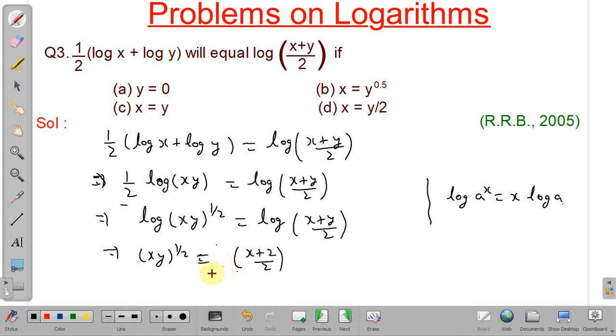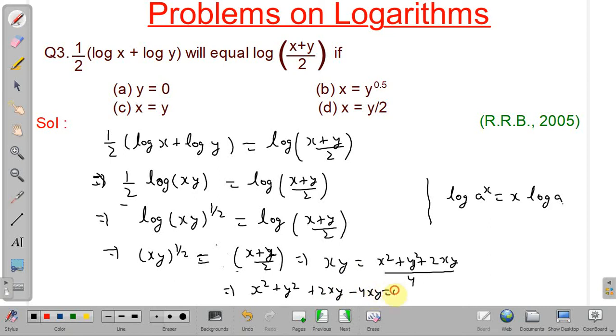Now squaring both sides, we will get xy equal to (x square plus y square plus twice of xy) divided by 4. After cross multiplication and rearranging, we will get 4xy equal to x square plus y square plus twice of xy, or x square plus y square minus twice of xy equal to 0.